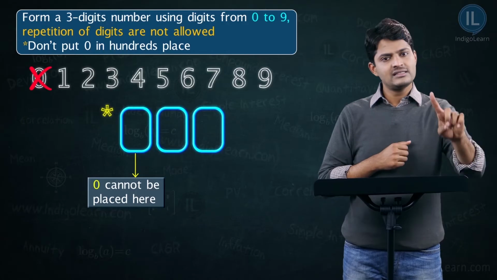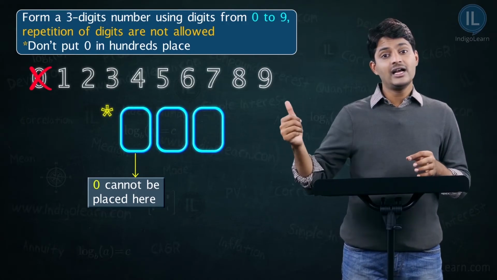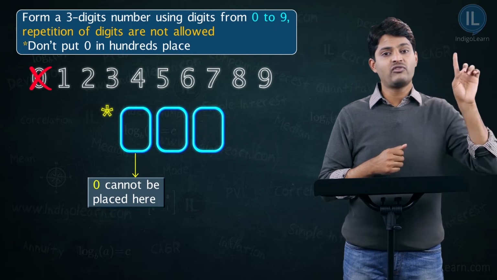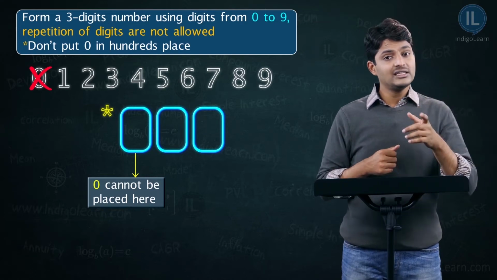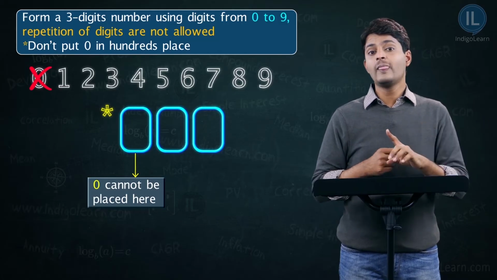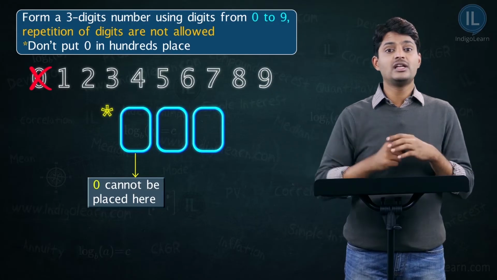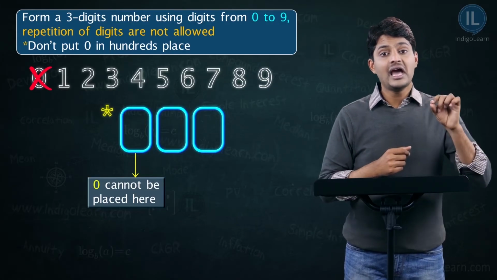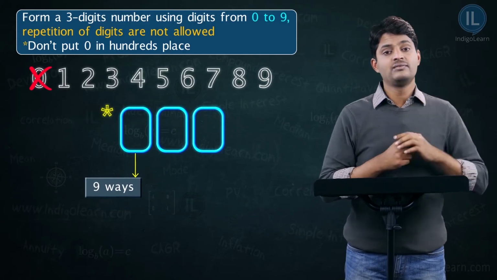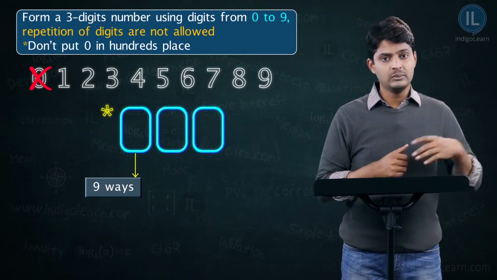If your answer is yes sir, I have a restriction because I cannot use 0 in the hundreds position, your approach is perfectly correct, right? Or in other words, you can use any number from 1 to 9 but not 0. That means 0 can't be used. So, the hundreds position can be filled in 9 different ways. Which are the 9 different ways? You can use any number from 1 to 9, right?